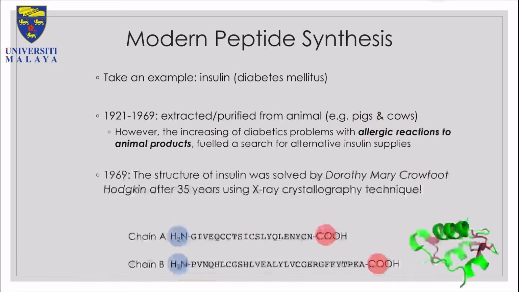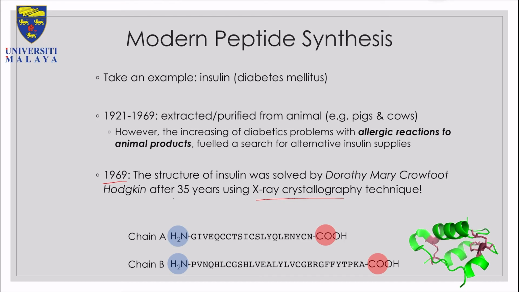The structure of insulin was solved in 1969 by the researcher Dorothy Mary Crowfoot Hodgkin. It took 35 years using X-ray crystallography, something that we've learned, like it's nothing. It was originally designed, and the research took so many years to complete.